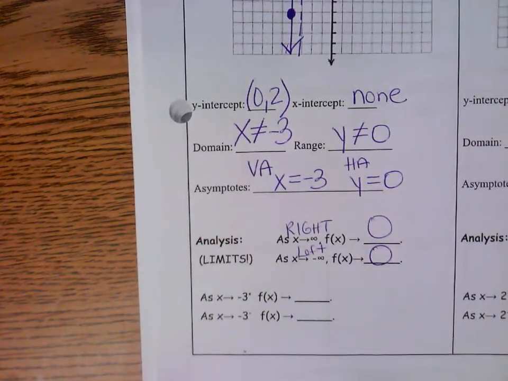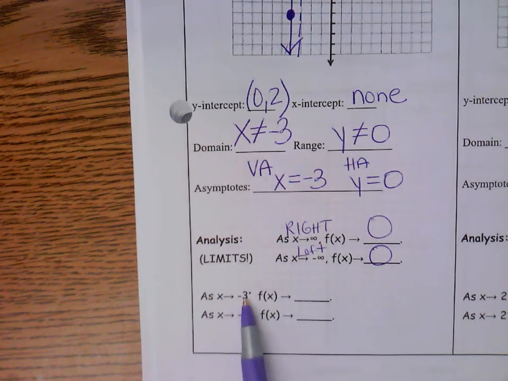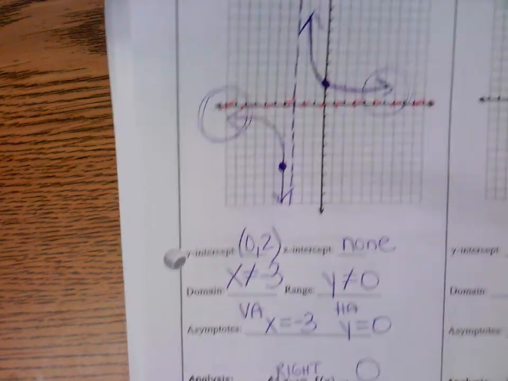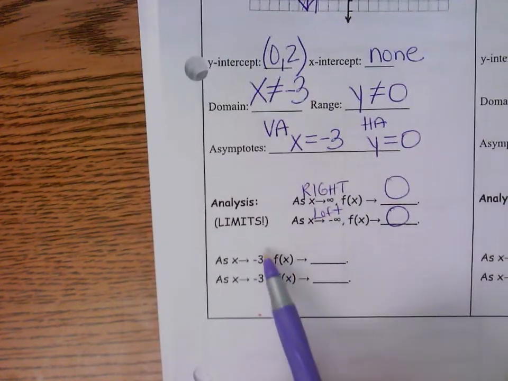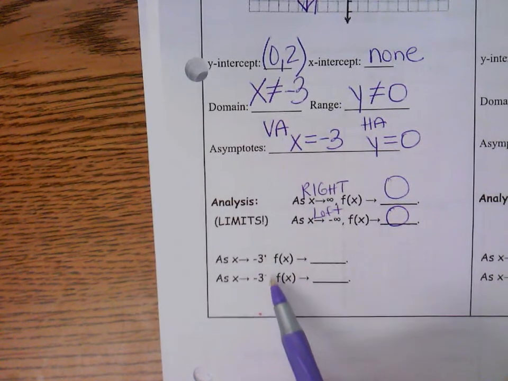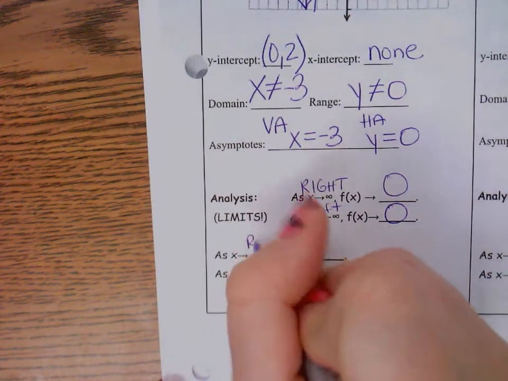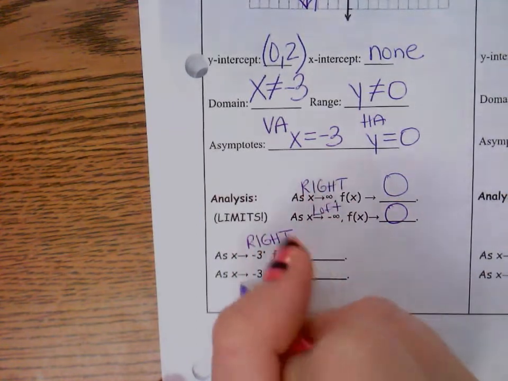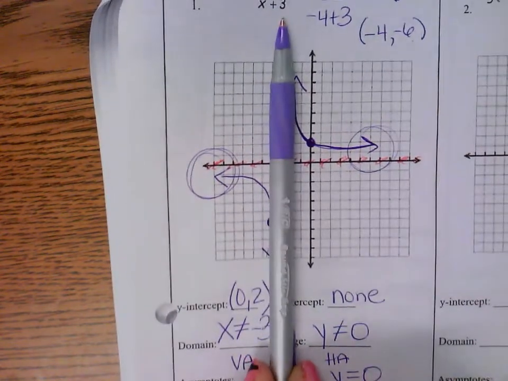And then they're asking you at that vertical asymptote, as x approaches -3. So what's happening at the asymptote is what they're asking. And there's a little tiny superscript of plus and a little tiny superscript of minus. The plus sign means on the right side of the asymptote, and the minus sign means on the left side of the asymptote. So like, here's my asymptote.